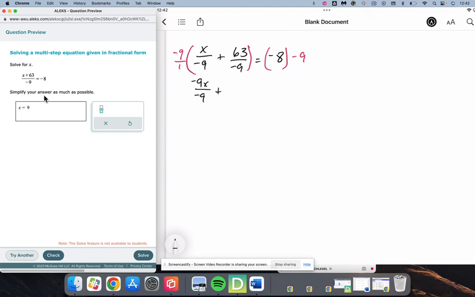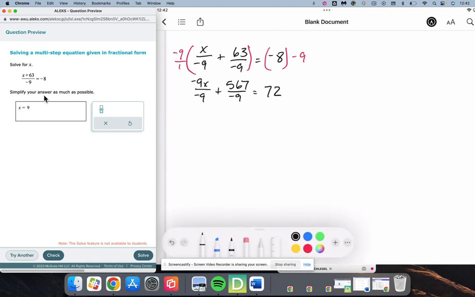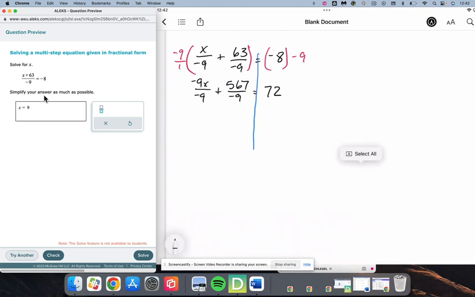It's not going to matter. 567 over negative 9. Negative 8 times negative 9 is positive 72. Now the magic happens when we do the division here on the left, and we see that those fractions are going to disappear. So negative 9 divided by negative 9 is 1. Leaves us with x.